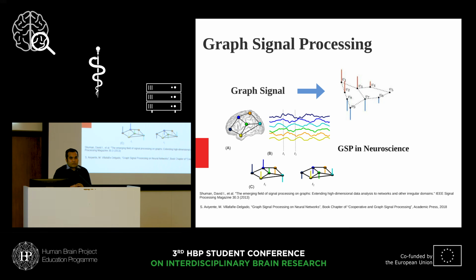But what is this graph? You can define different kinds of graphs. For example, you can define a structural graph based on tractography, the DTI signals, and then study the structure-function relationship based on this signal.